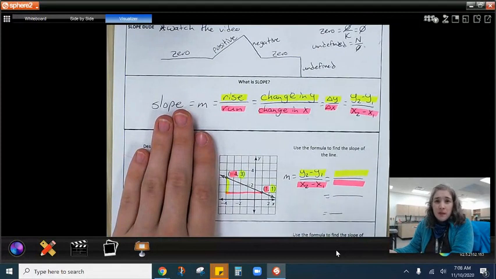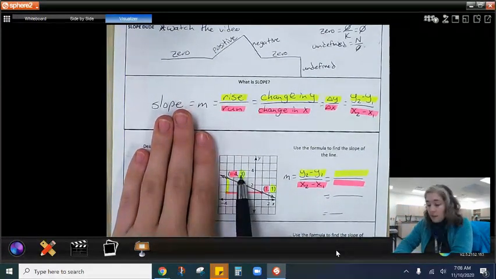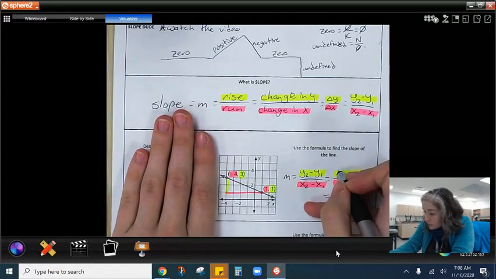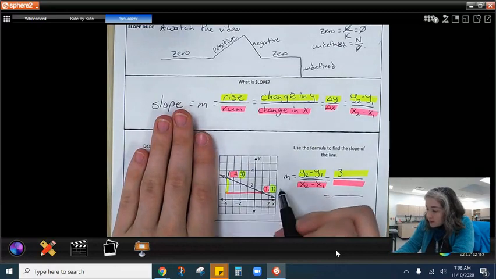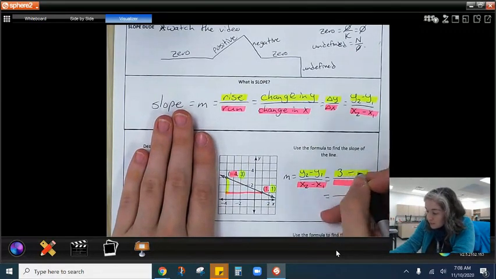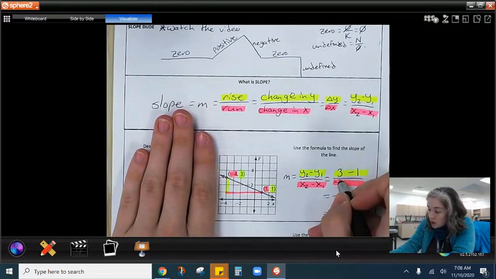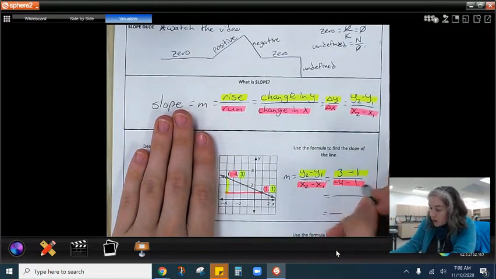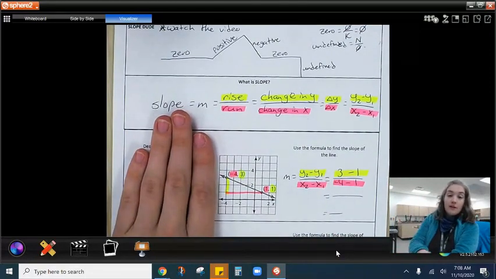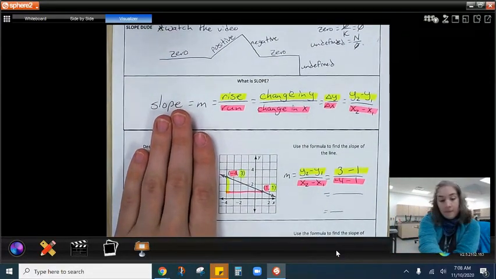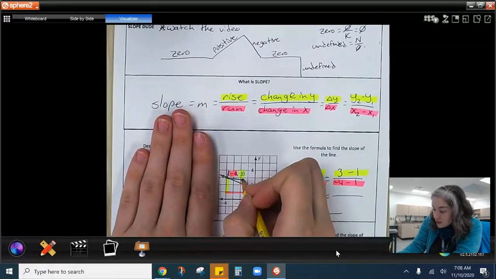It doesn't matter which point I pick to be the first point and the second point. So I'm just going to make this one the second point. So I'm going to have 3, and I'm going to minus 1. And then I'm going to have negative 4 minus 1. Now here's what's really key, okay? Super duper key. This is 1 point.